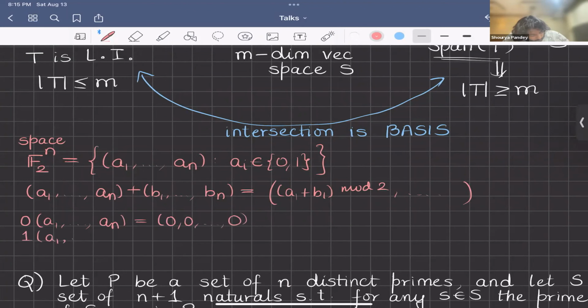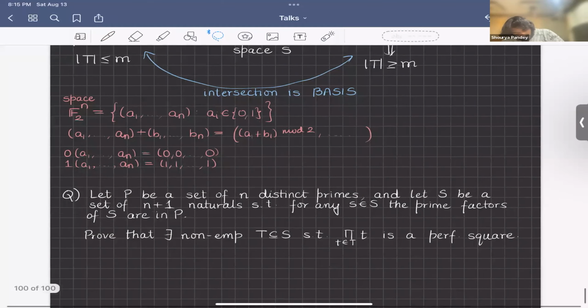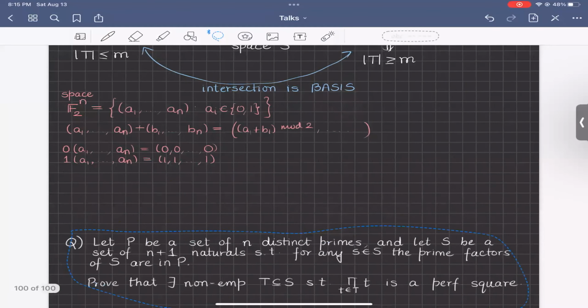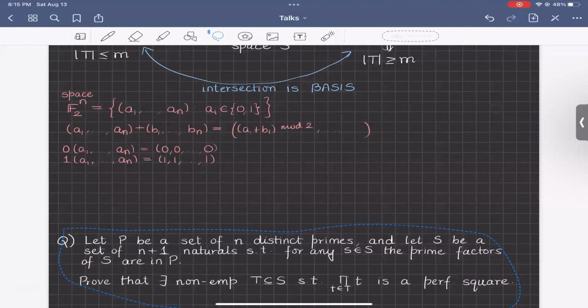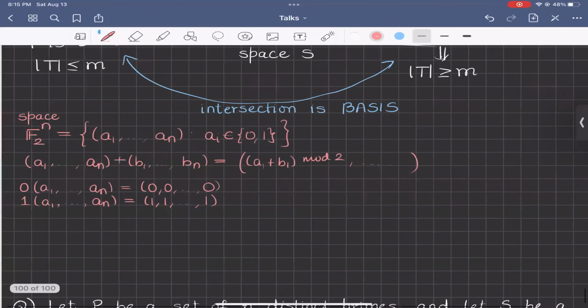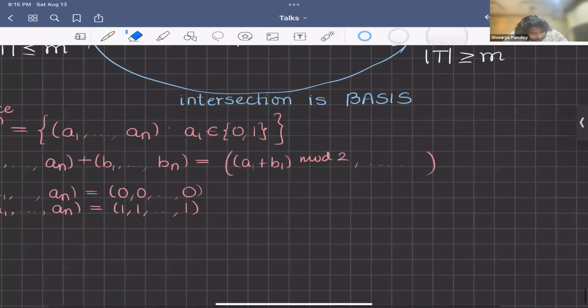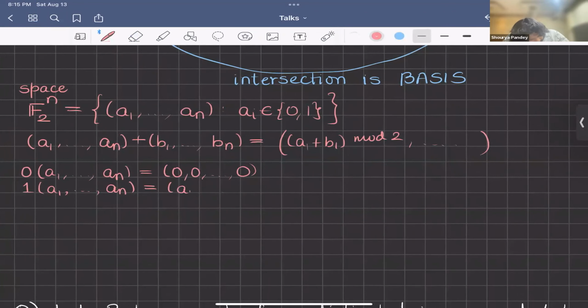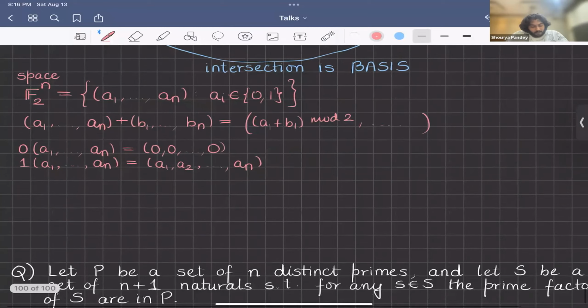And 1 multiplied by a vector is all ones. If one of a1, a2, up to an, let's say a1 is 0, then 1 multiplied by that should be 0. Oh, sorry, why did I write all ones? This should be just a1, a2 up to an.